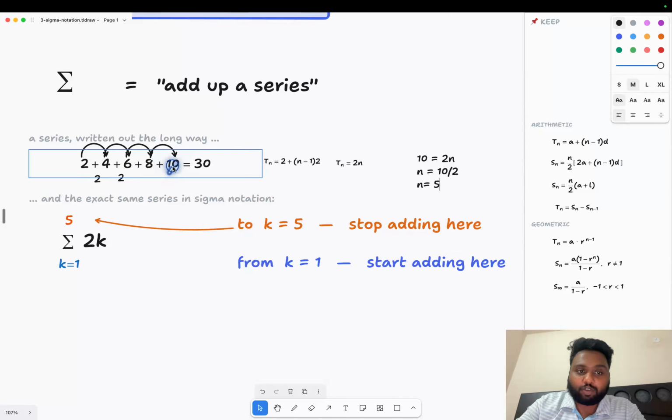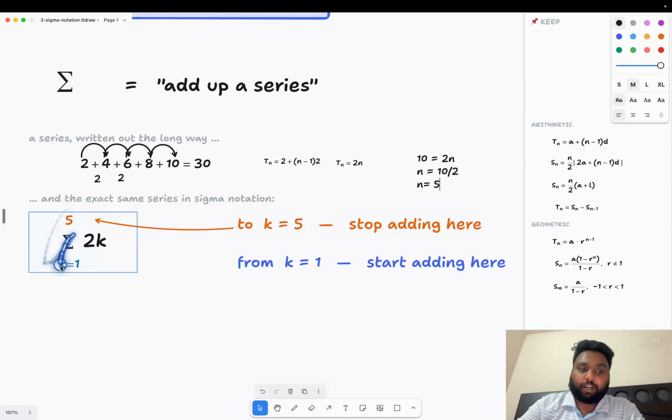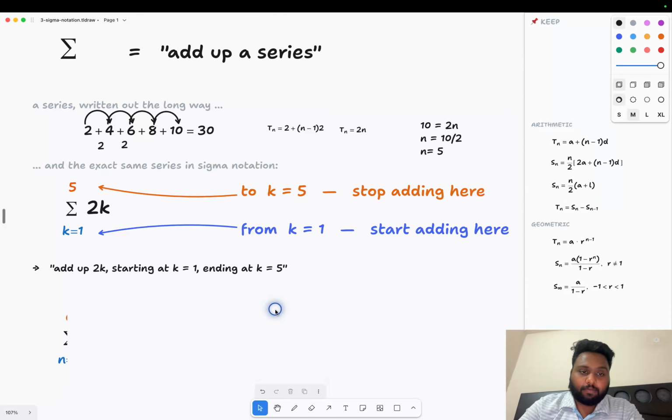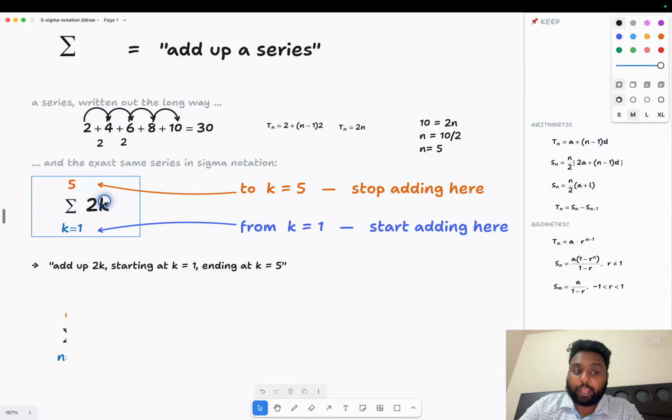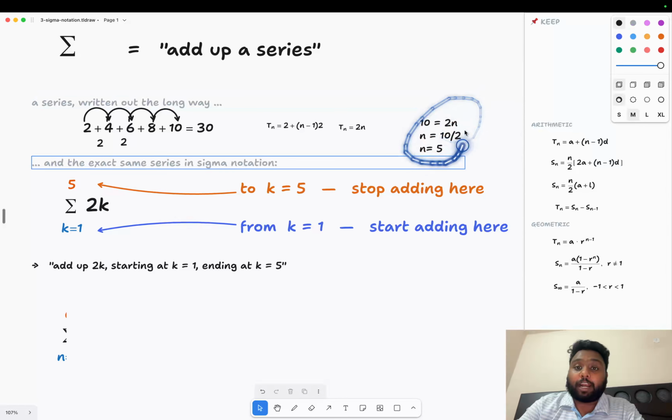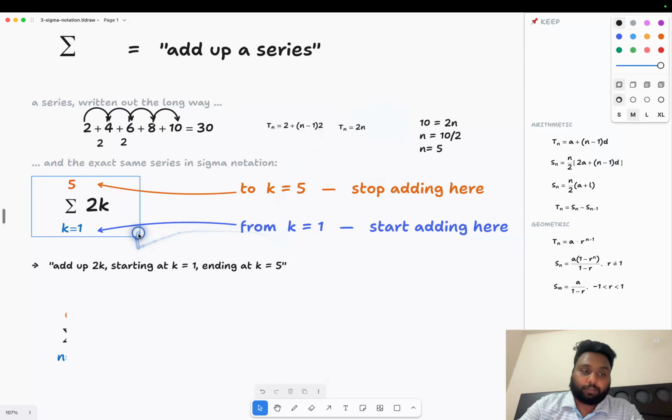So I know I have to stop at the fifth term. And this is exactly what we have written here. We start with k equal to 1 and we end at 5. And 2k, what is this 2k? 2k represents the generalized formula of our sequence.